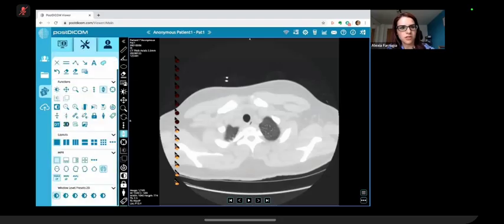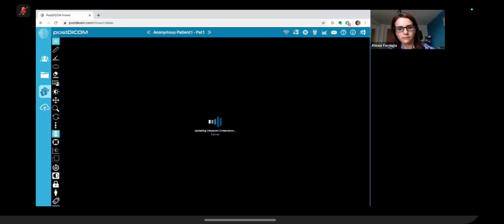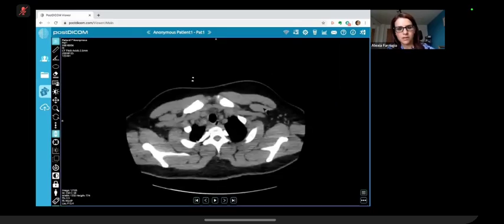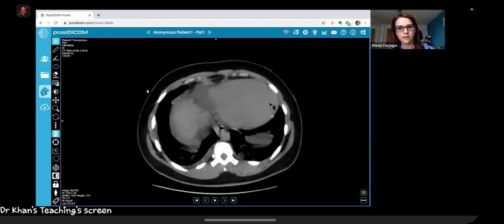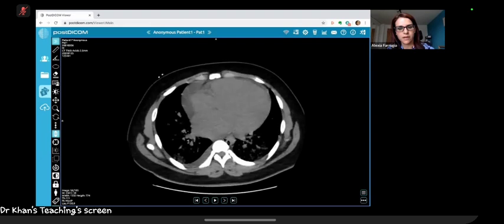So I'm changing to mediastinal window. And you will see that the heart, as you said, is significantly enlarged. And there's a pericardial effusion as well, together with the pleural effusion and the lung changes you mentioned.